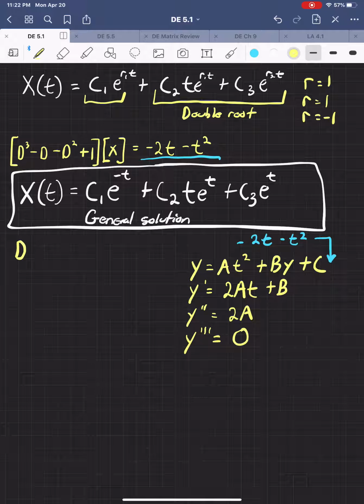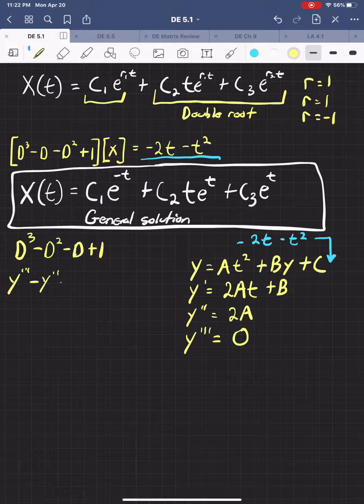So if I write that d cubed minus d squared minus d plus 1 back in the notation of y of t, then you can see that this would be y triple prime minus y double prime minus y prime plus y. And that's got to be equal to negative 2t minus t squared.